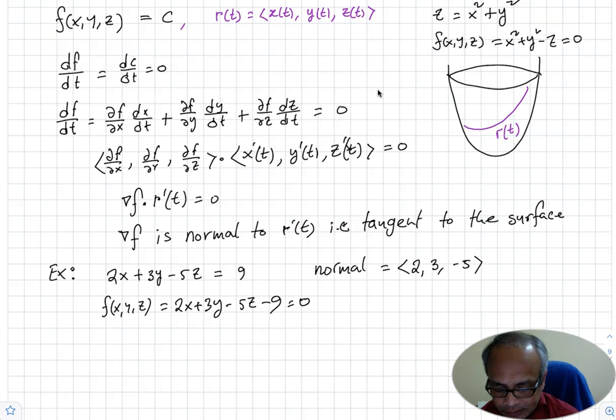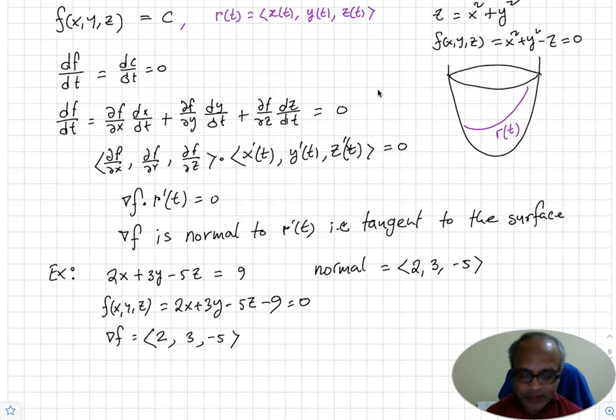So now you take the gradient of f. Partial f partial x is 2, partial f partial y is 3, partial f partial z is -5. So we can see that this equals the normal from our known definition of the normal of a plane.